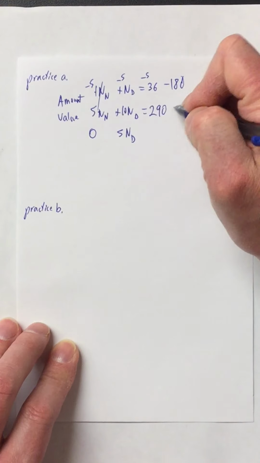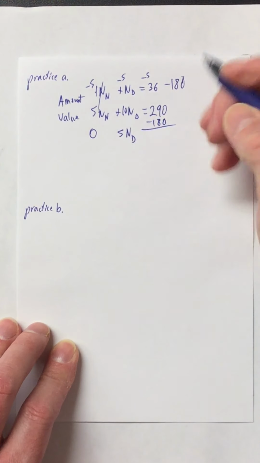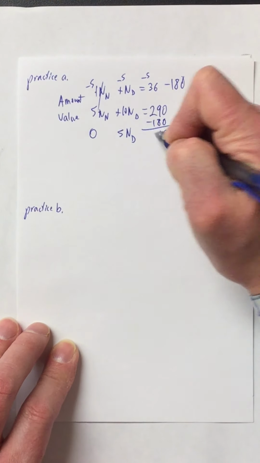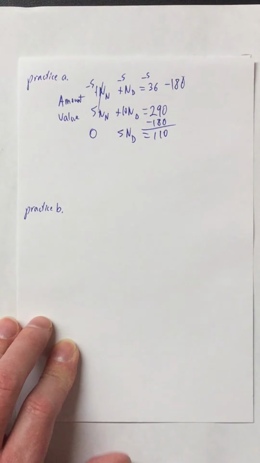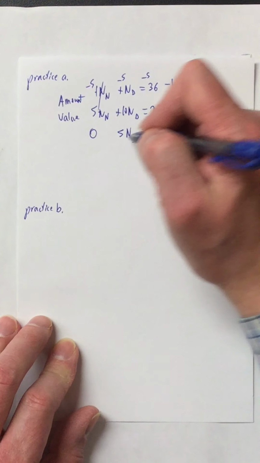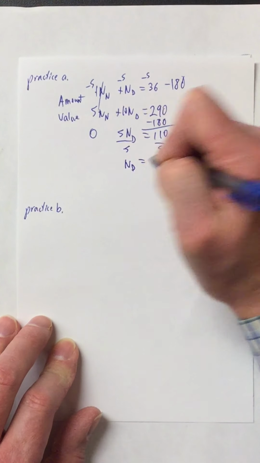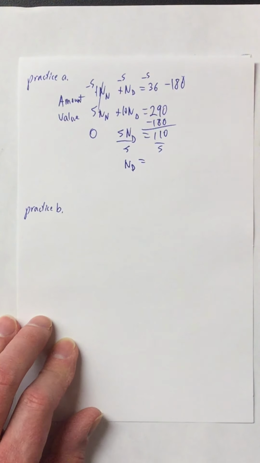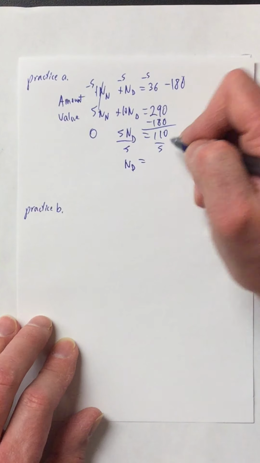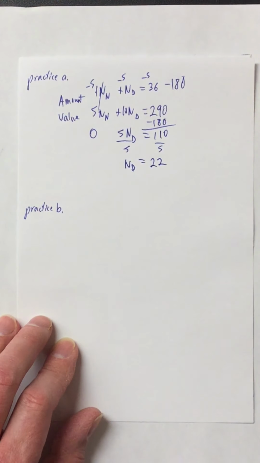All right, other way, subtract 180. I get 110 left over. Okay, divide by 5. Number of dimes is equal to 110 divided by 5 gives me 22.